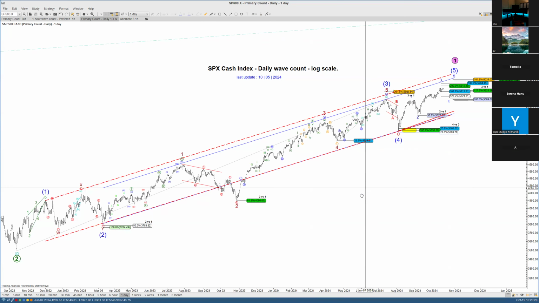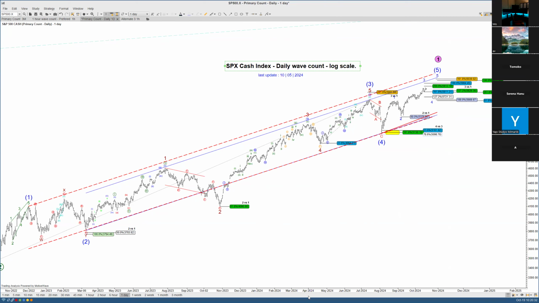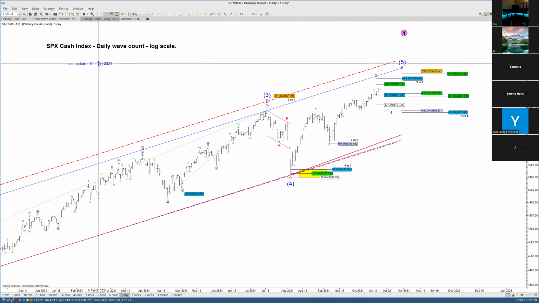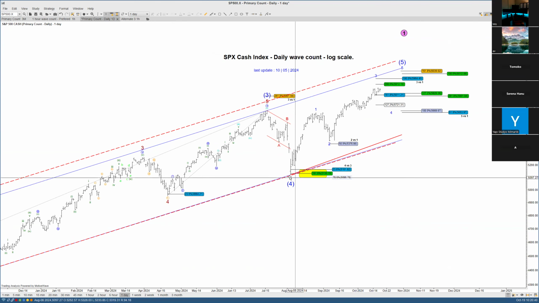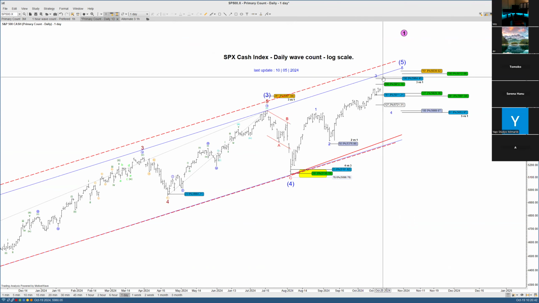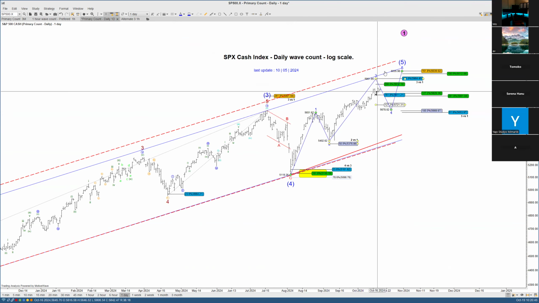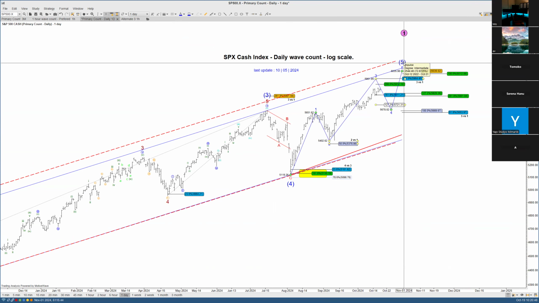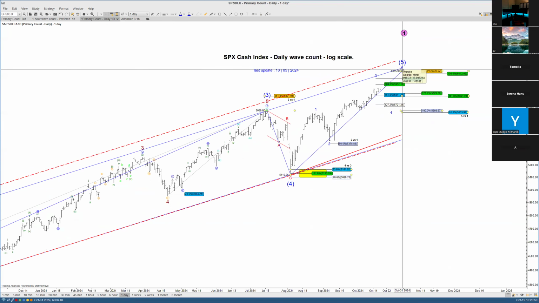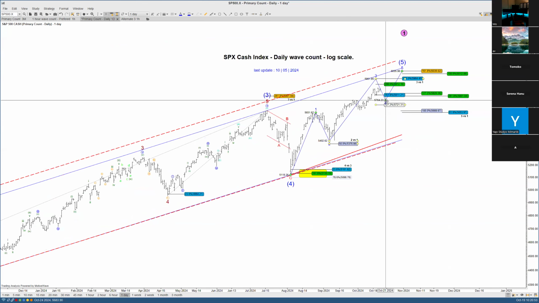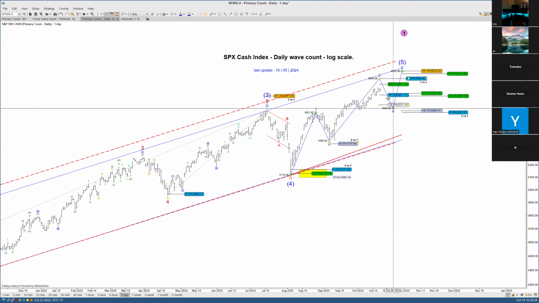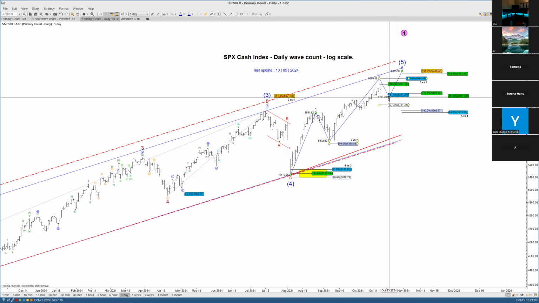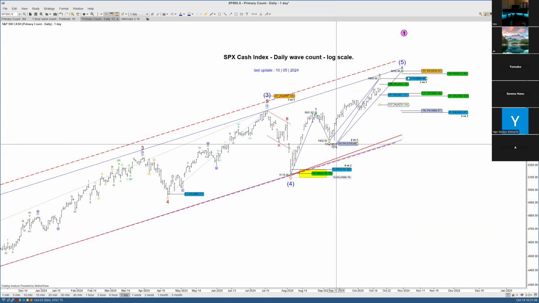So now the thing I was talking about: how are we going to complete 5 waves of this 5? This is where we are now on the wave count. Whenever this third ends, this 4 right there is going to come into play and move against this third wave.